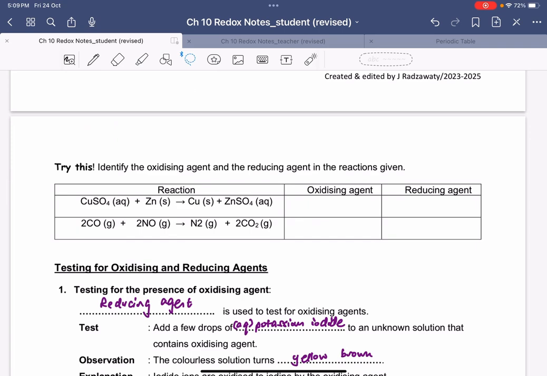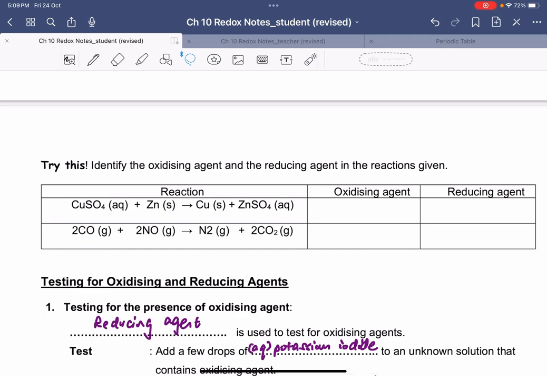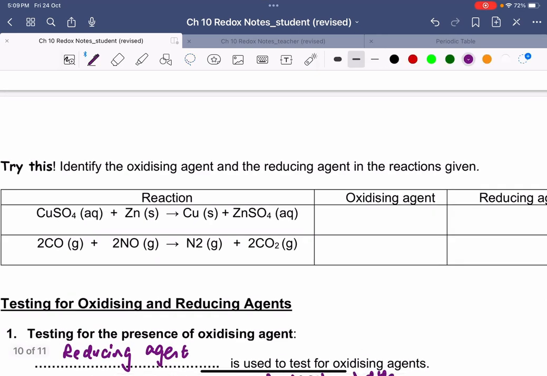Identifying the oxidizing agent and reducing agent, I'm going to help you to understand this. If I have zinc to zinc plus, this is a 0 and this is a plus 2. 0 to plus 2 is an increase in oxidation state, so it is an oxidation. If it's an oxidation, this is a reducing agent.